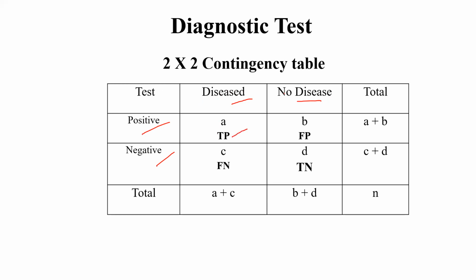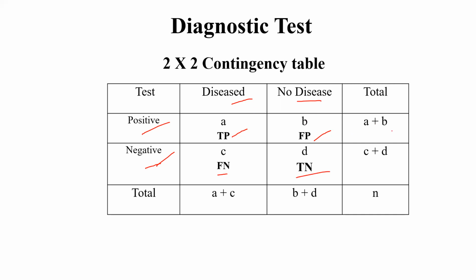And if a person is healthy and the report is positive, it is false positive. And if a person is diseased and the report is negative, that is the false negative. And if a person is healthy and the report is negative, that is the true negative. So this is the 2 cross 2 contingency table.